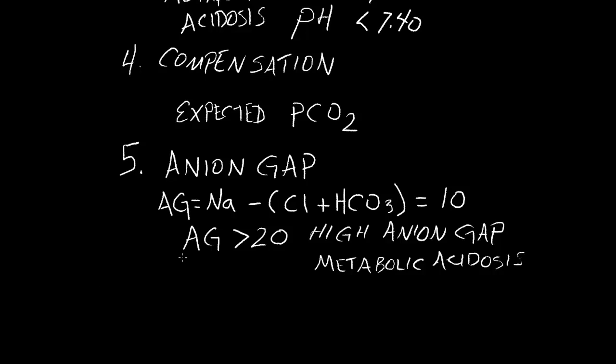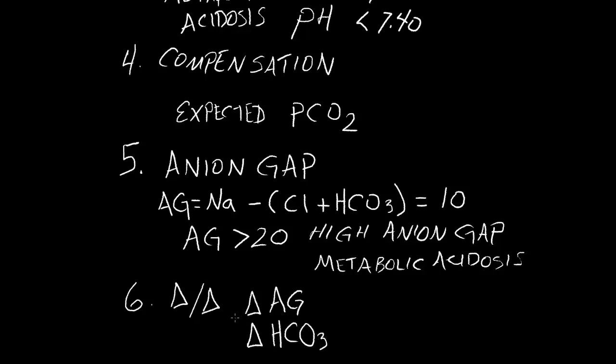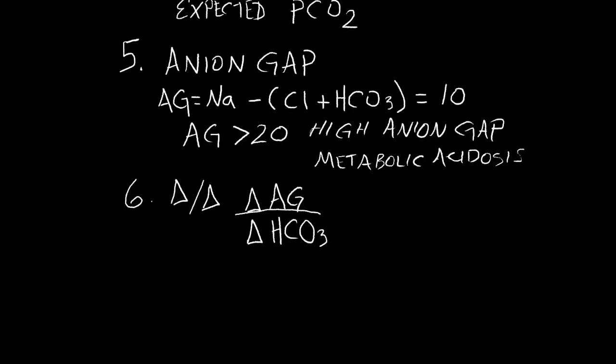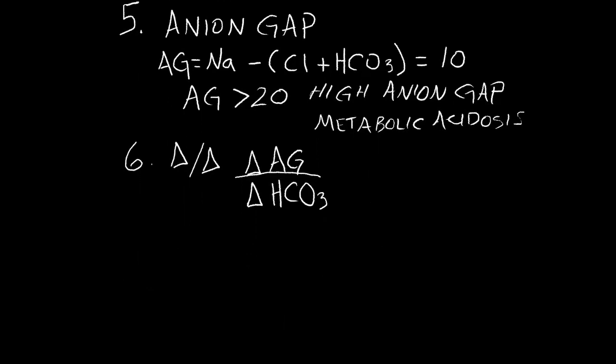The next step, and the hardest step for most people, is not that hard at all. It's called the delta-delta. And what it is, it's the delta anion gap over the delta bicarb. We should have, for every one increase in anion gap, one drop in bicarb.